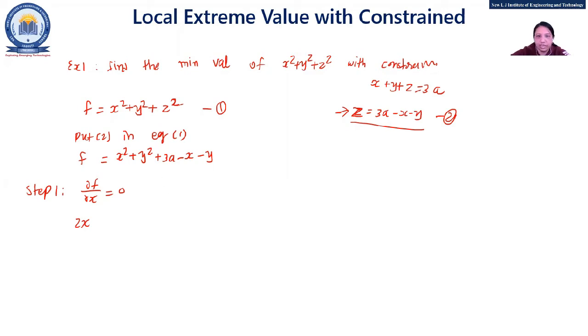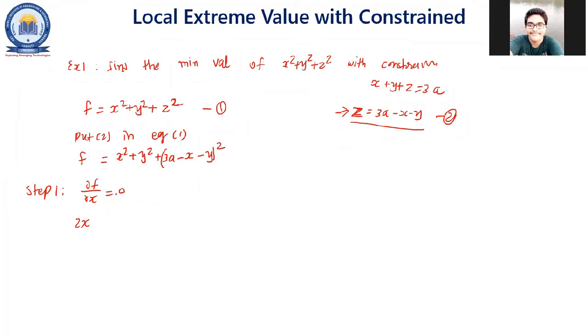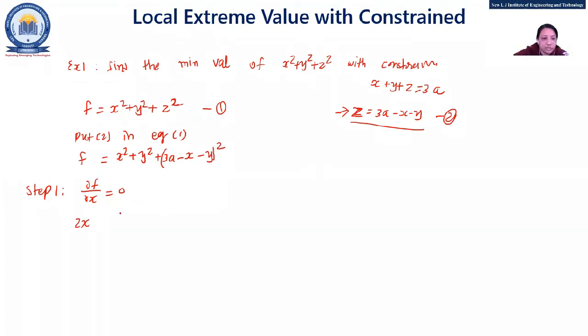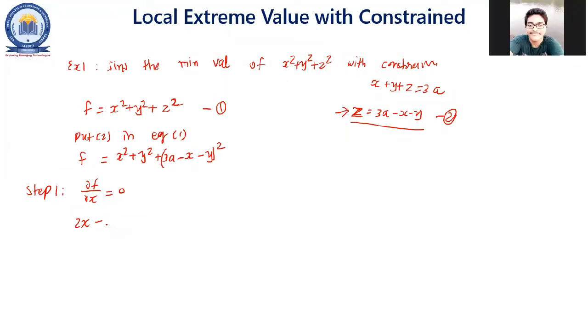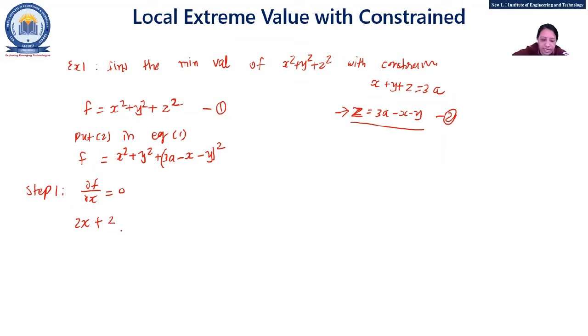Okay, I have not written it, so that's why you were confused. Okay, 2x minus this now, right? For y it will be 0. Ma'am, I have taken plus 2 because I have added inside the bracket. Okay, fine.